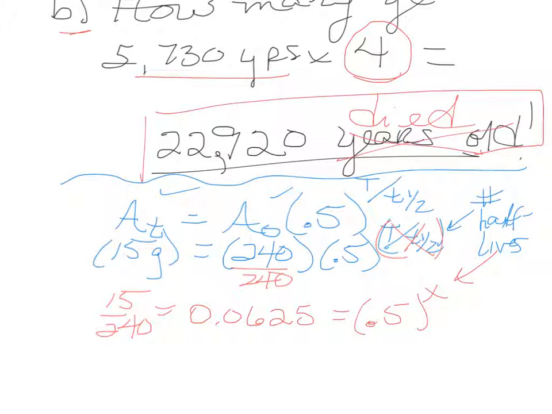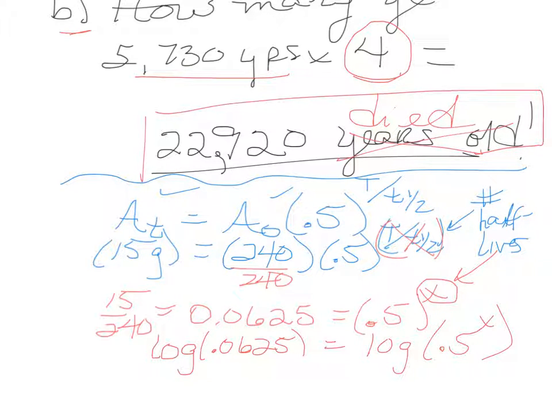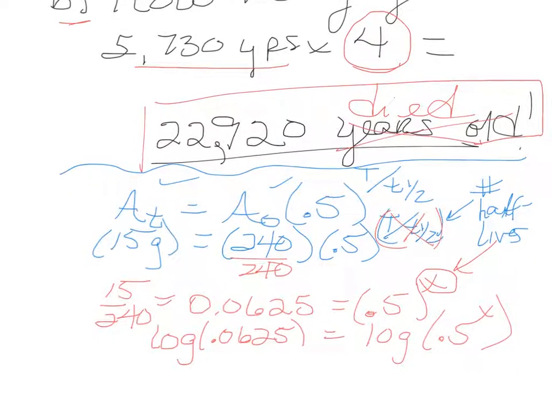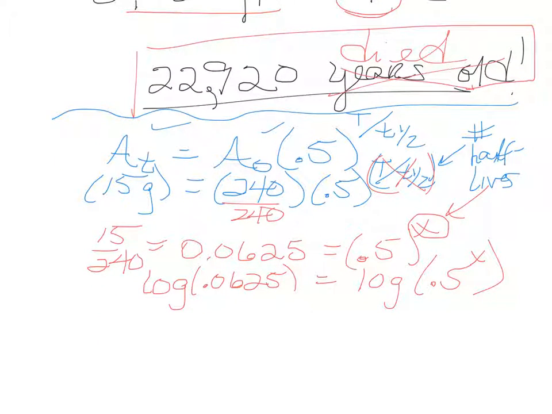How do you get rid of that x? I've noticed that students over the last couple of years have struggled with logs, and I think they've also struggled with this. So in order to get rid of an exponent, we are going to take the log of both sides. So I'm going to say the log of 0.0625 equals the log of 0.5 raised to the x. Okay.